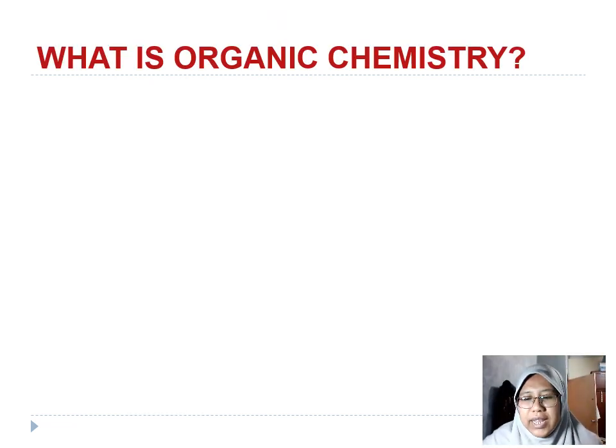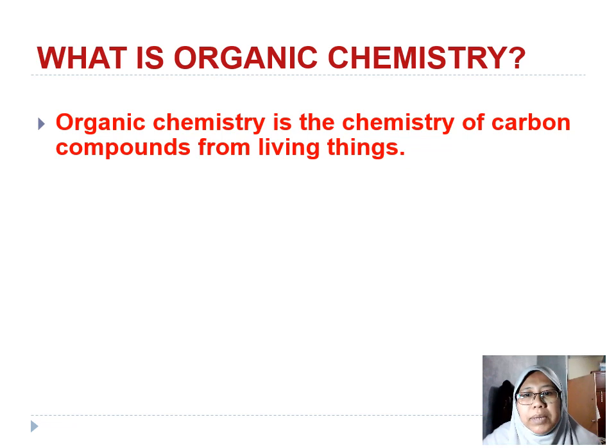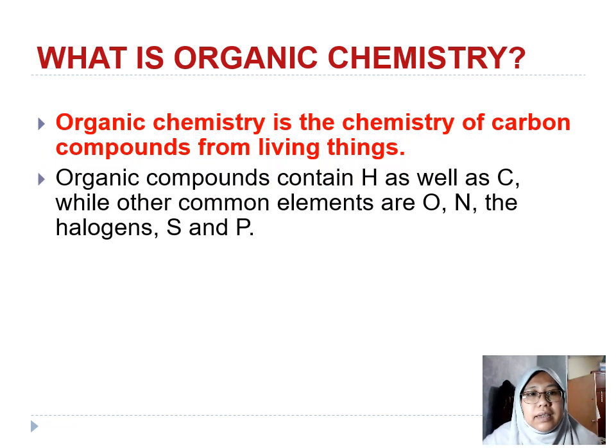Organic chemistry is the chemistry of carbon compounds. Carbon compounds form living things. Organic compounds contain hydrogen as well as carbon, while other elements are also included, for example, oxygen, nitrogen, halogens, sulfur, and phosphorus.